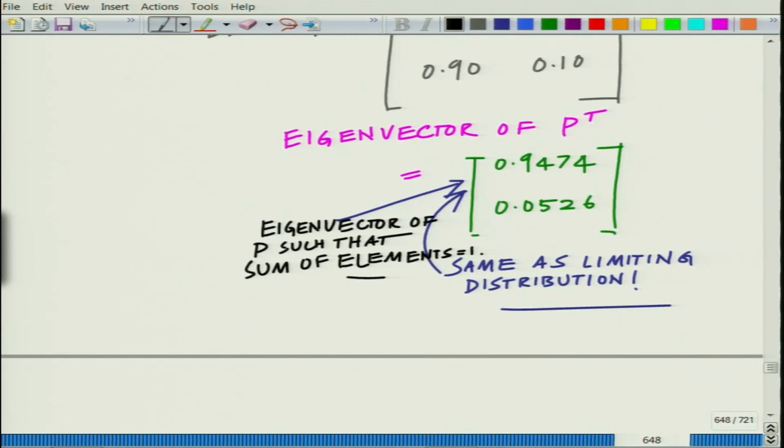So, this is the same as the limiting distribution, and that is essentially what you find. This is a very interesting aspect of discrete time Markov chains. As n tends to infinity, P^n, the n-step transition probability matrix, approaches a matrix in which all the rows are identical.